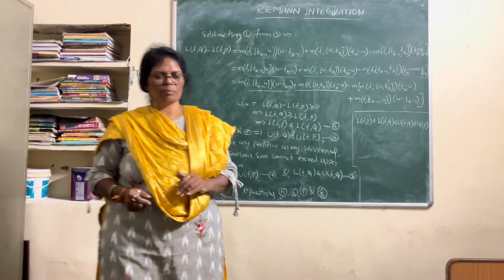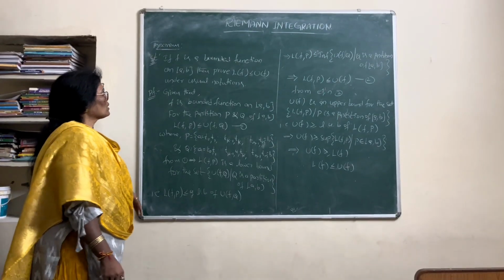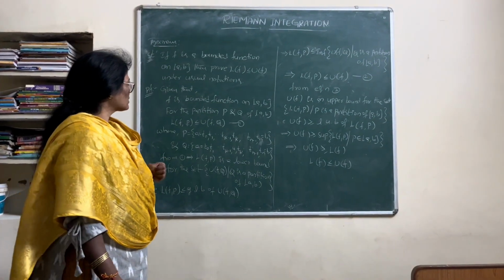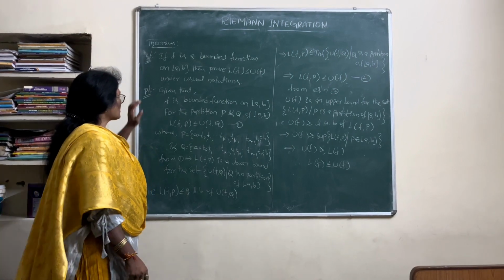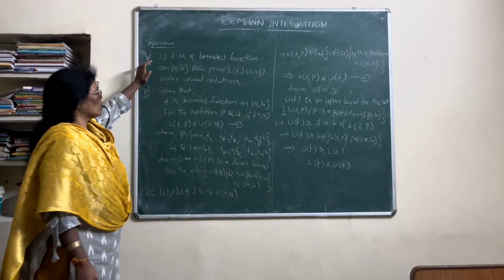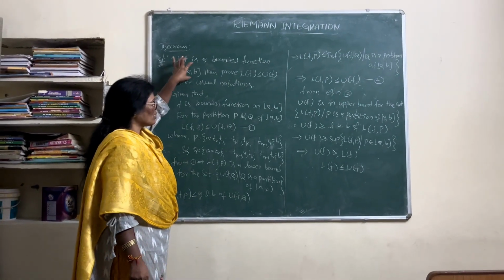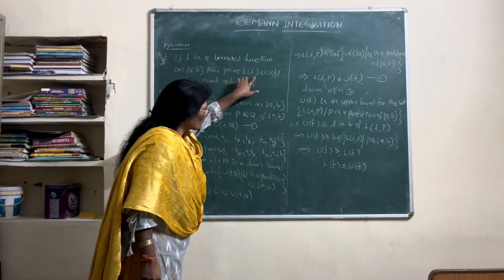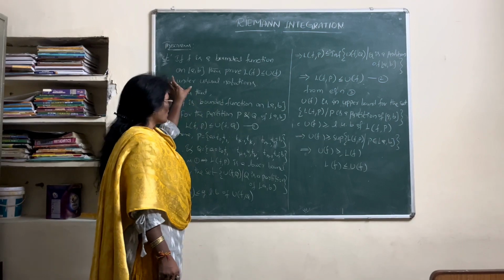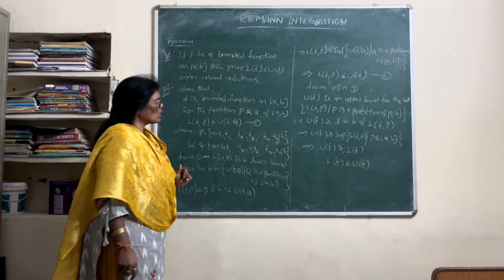Note this theorem. Yes. Next theorem. Here the statement is given: if f is a bounded function on the closed interval a comma b, then prove LF is less than or equal to UF under usual notations. Okay.